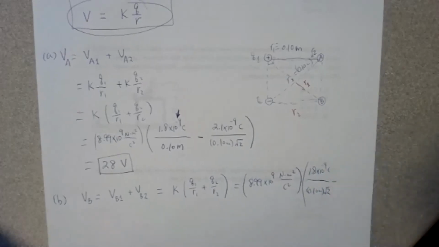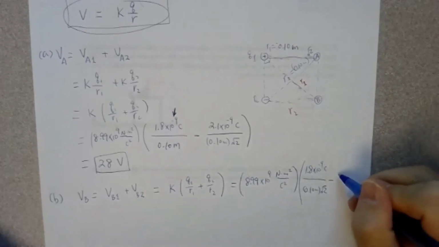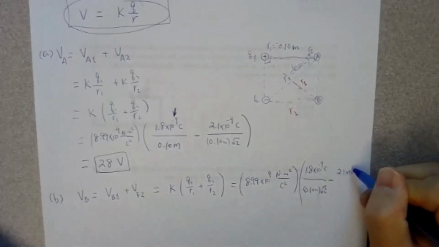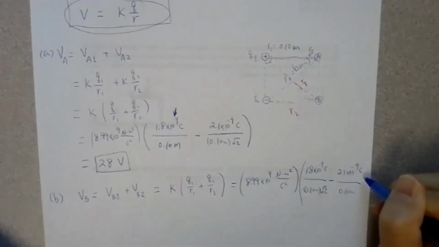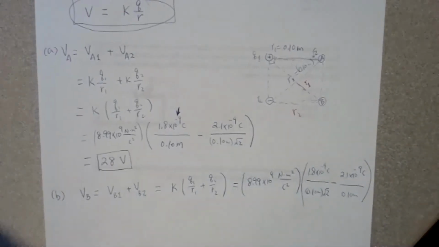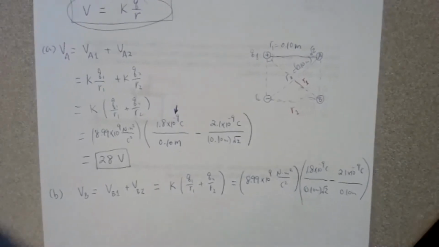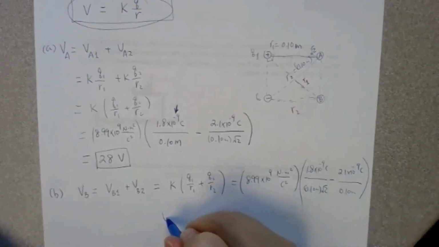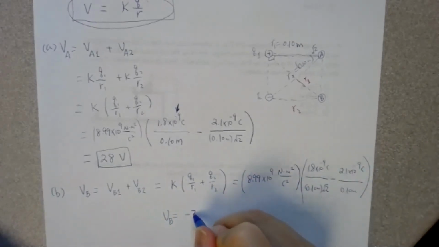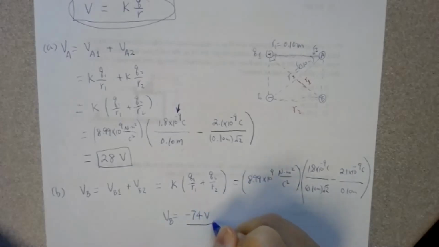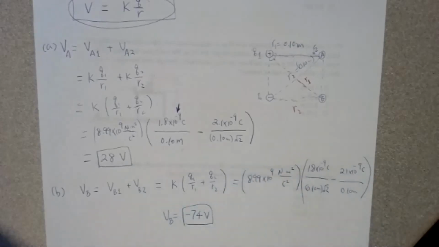You switch R1 and R2 this time, and then minus 2.1 times 10 to the minus 9 coulombs over 0.10 meters. That will give you your potential at point B, which is equal to minus 74 volts.